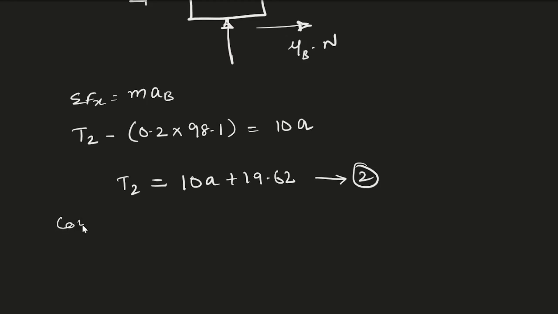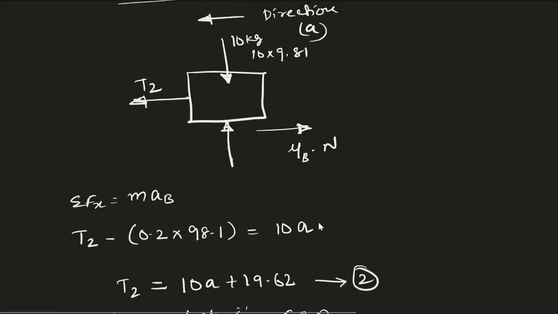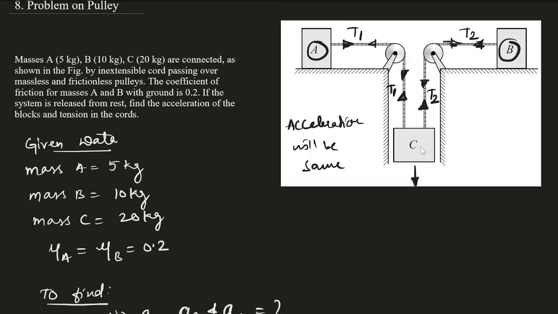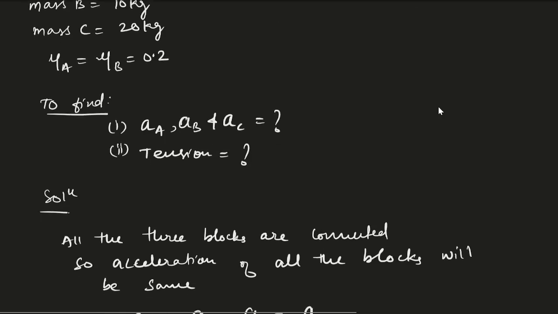Now consider the block C FBD. Block C is different. It's not resting on any surface, it's just hanging. So we'll have one weight of the block and two different tensions, from A and from B, that is T1 and T2.